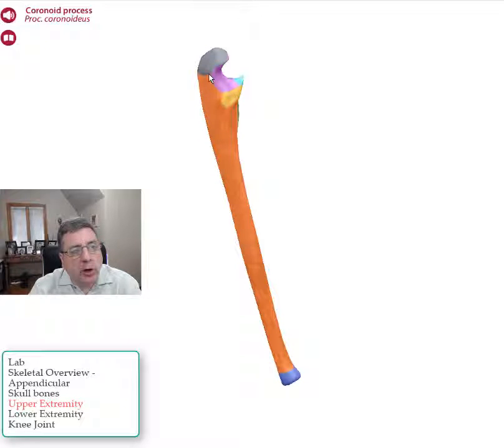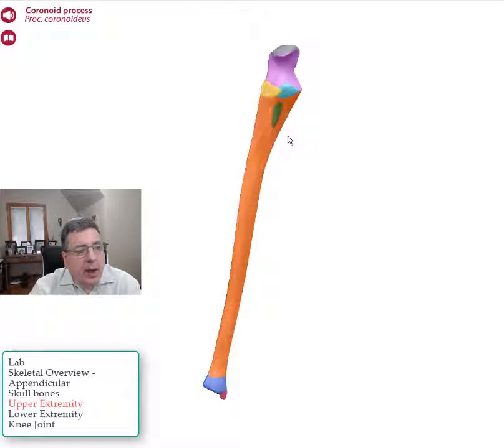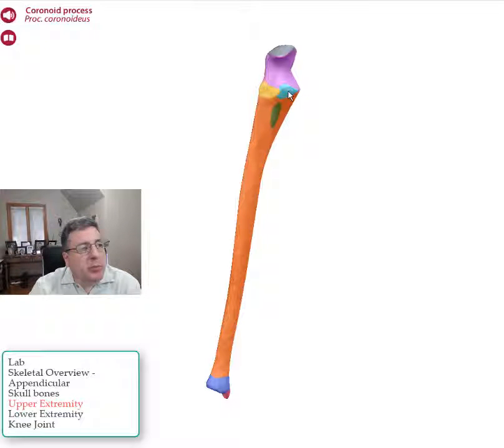This big hook looking thing is going to be on the posterior side, and then that is the anterior surface. The coronoid process is the attachment for the brachialis muscle and the flexor digitorum superficialis and profundus muscles, okay?